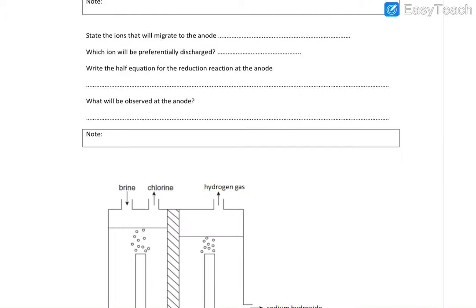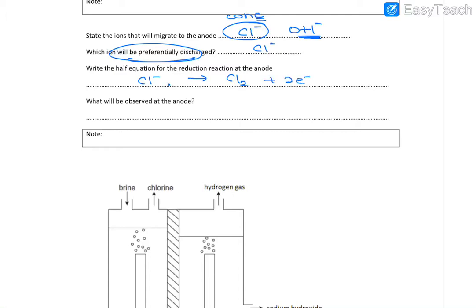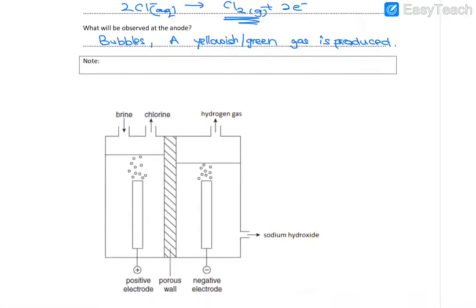Now, at the anode, you're going to have Cl- and OH- that migrate. But because it's a concentrated electrolyte, it's Cl- that is preferentially discharged instead of OH-. So Cl- is going to produce chlorine gas. In this case, you observe bubbles and a yellowish-green gas, which is chlorine gas.